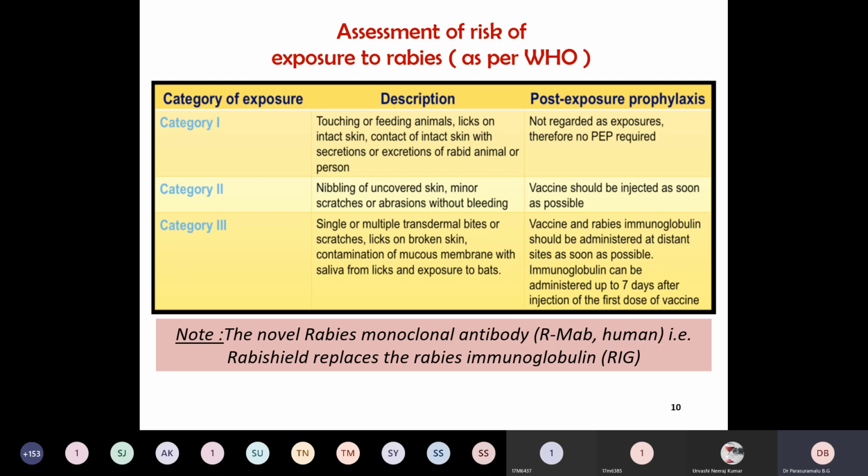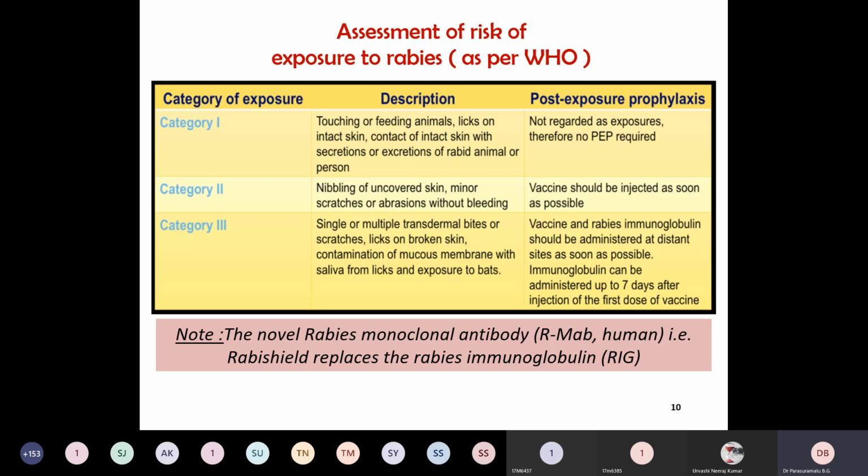After multiplication, they travel to peripheral nerves and then to the dorsal root ganglion and the spinal cord, from where they enter the brain. From the brain they come to the salivary glands and other secretory organs. That's why the virus is present in the salivary glands, and the saliva of the rabid animal is responsible for transmission of rabies.